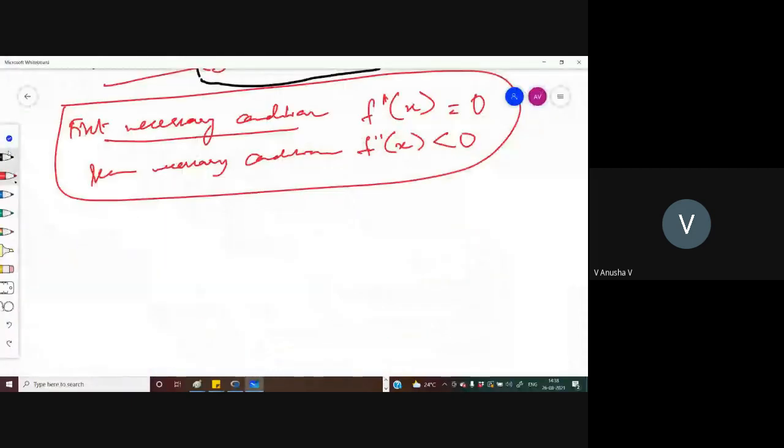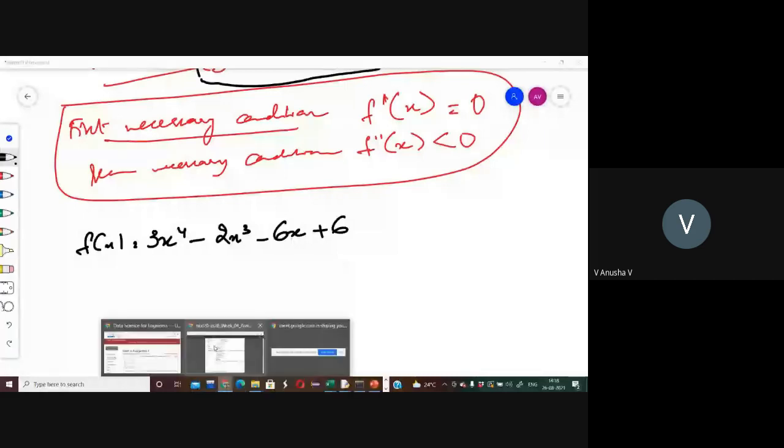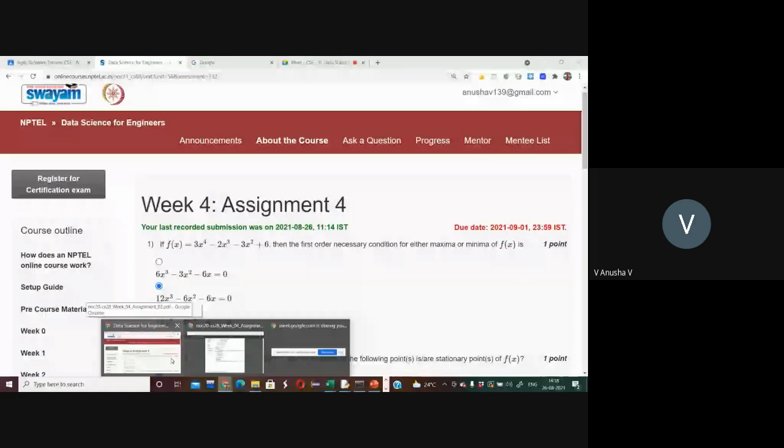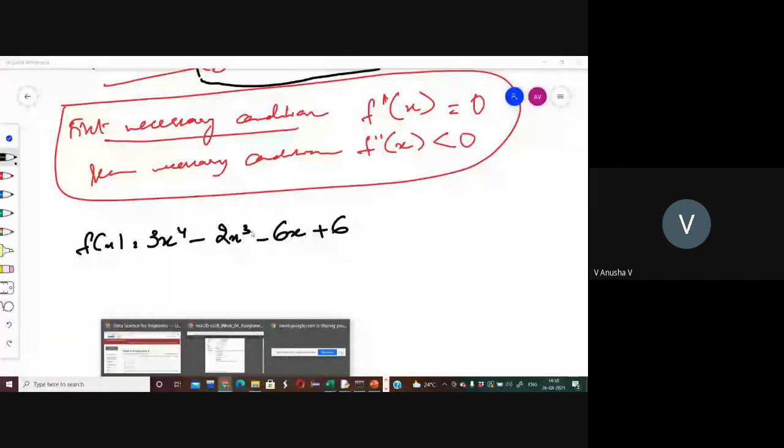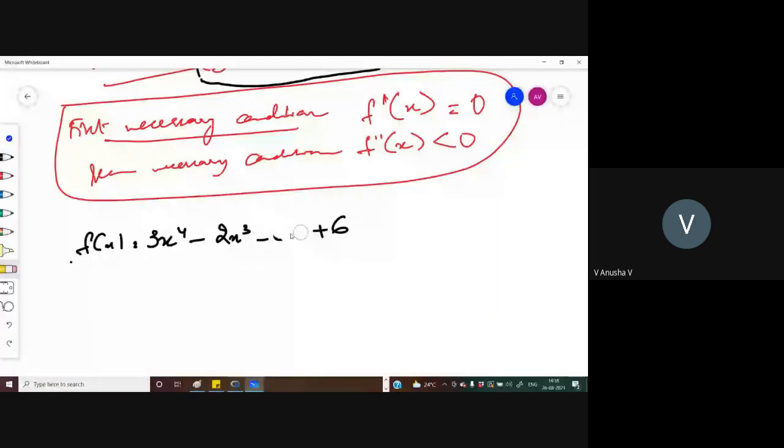So f of x equals to 3x power 4 minus 2x cube minus 3x square plus 6.